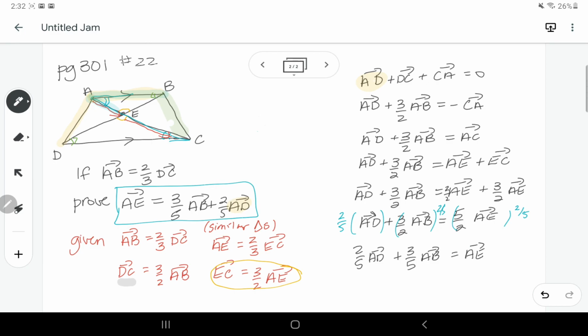So there we've got it. I guess it's a different order, but that's okay. So AE equals 3/5 AB plus 2/5 AD. QED.